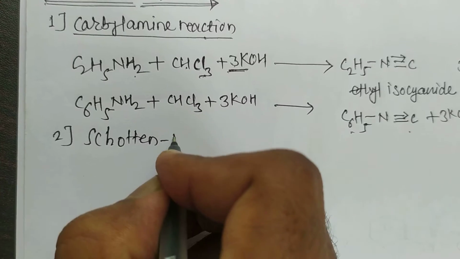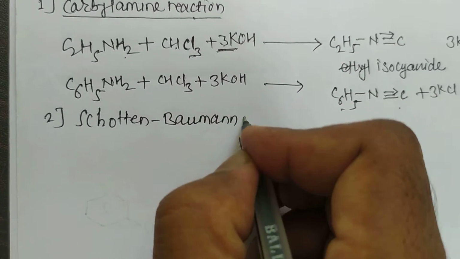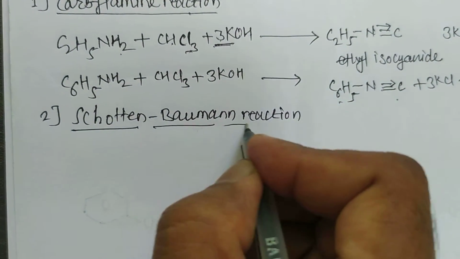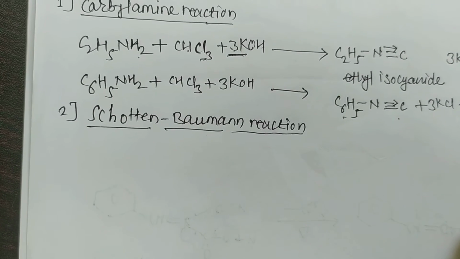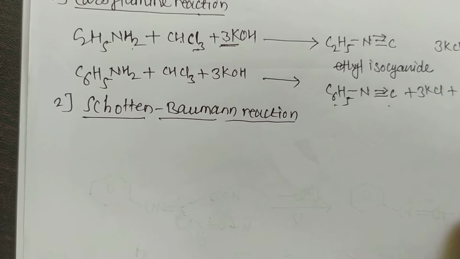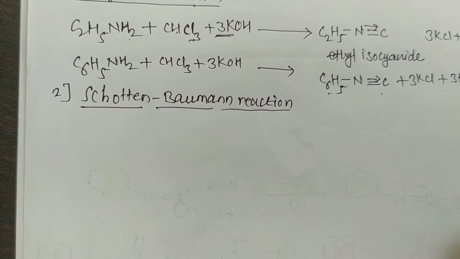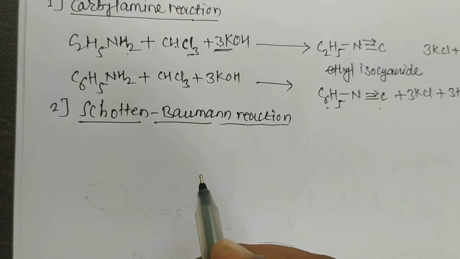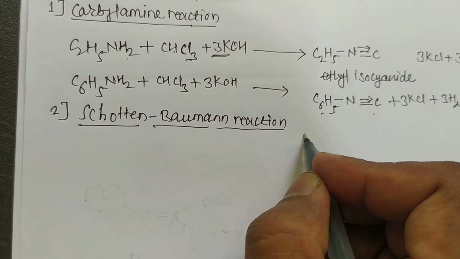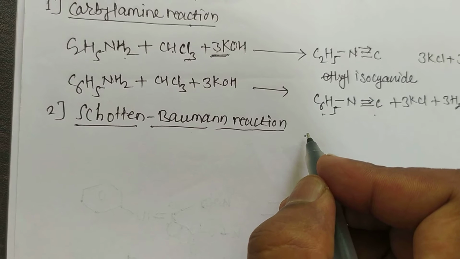Then the next reaction is the Schotten-Baumann reaction. In this reaction, amino groups of the amines are acylated when they are treated with aromatic acid chlorides or sulfonyl chlorides in the presence of KOH solution, and such a reaction is known as the Schotten-Baumann reaction.